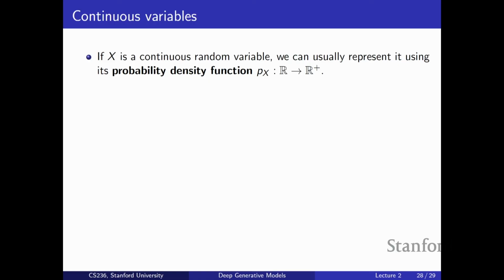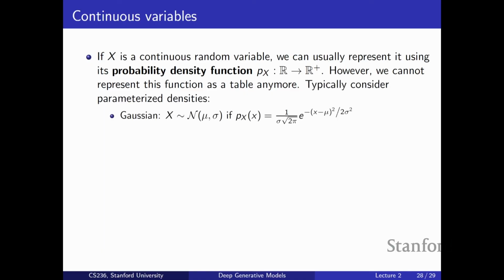Instead of working with probability mass functions, we work with probability density functions. Here you can see how the idea of working with tables already doesn't work, because there is an infinite number of different values that X can take. You cannot write down a table that will assign a number to each one of them.